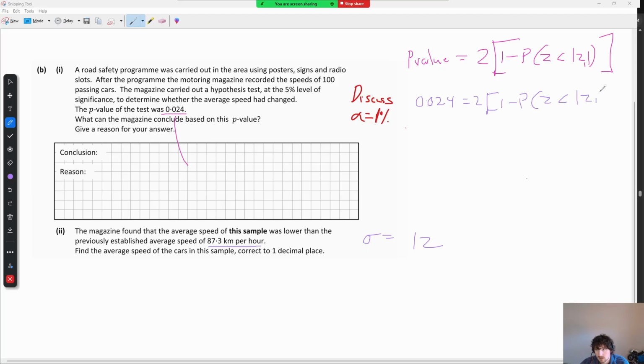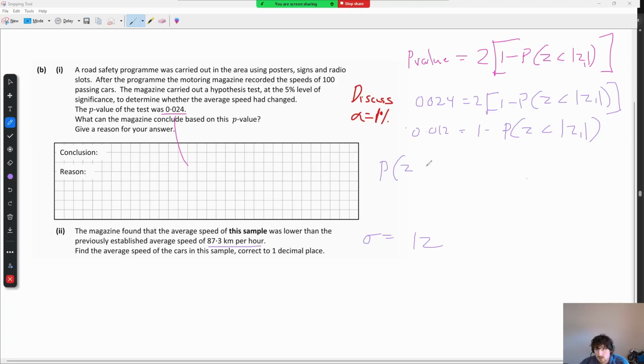So this is an interesting type of question. It's like we have the p-value and now we have to work back to the z-score. Okay, so then this is 2 times this. So then you'll divide by 2. I'll try and show as many steps as I can because this could be a little bit complicated for people. I don't want to overwhelm people. Okay. So then we're going to bring this over and bring this over to keep it positive.